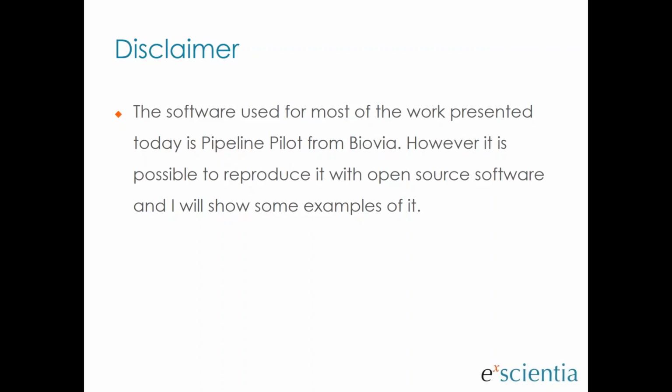As a quick disclaimer, for all my work I used a software called Pipeline Pilot from BIOVIA, which is proprietary software. However, everything presented can be reproduced with open source software or other toolkits, and I will try to show it as much as I can with a different group doing the same.